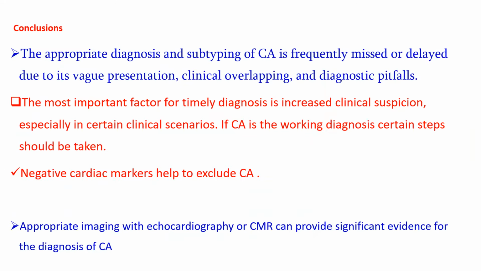So, in conclusion, the appropriate diagnosis and subtyping of cardiac amyloidosis is frequently missed or delayed due to its vague presentation and clinical diagnostic pitfalls. The most important factor in timely diagnosis is increased clinical suspicion, especially in certain clinical scenarios. If cardiac amyloidosis is the working diagnosis, certain steps have to be taken for further assessment and confirmation of the diagnosis. Appropriate imaging with echo or CMR can provide significant evidence for the diagnosis.